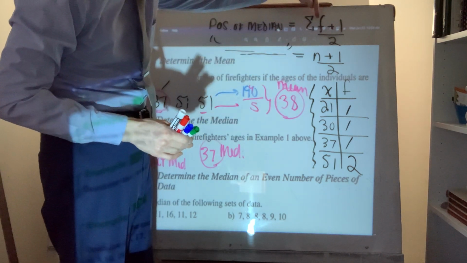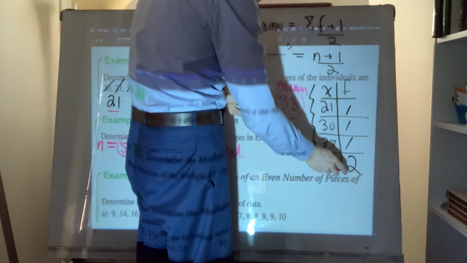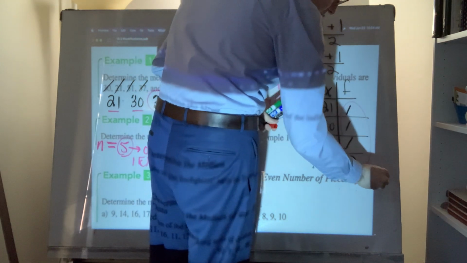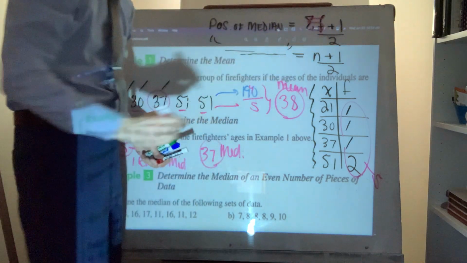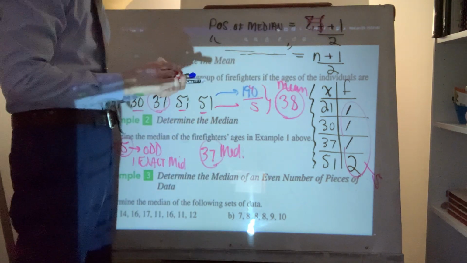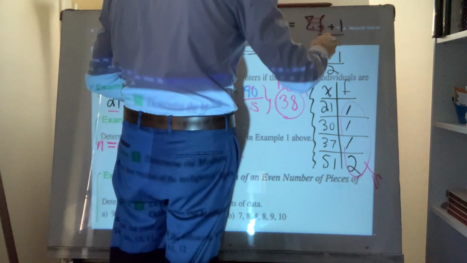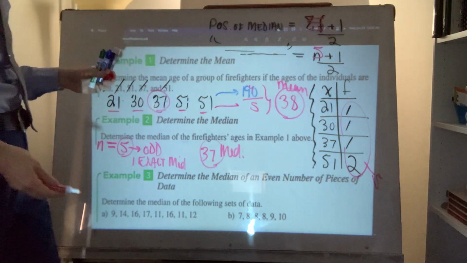How many is the frequency here? 2, 3, 4, 5. That's 5. So you could put the 5 here in the formula. Sorry, that's a bit faint. Or you could put the 5 here, because the cardinal number and the sum of the frequencies should be the same thing.